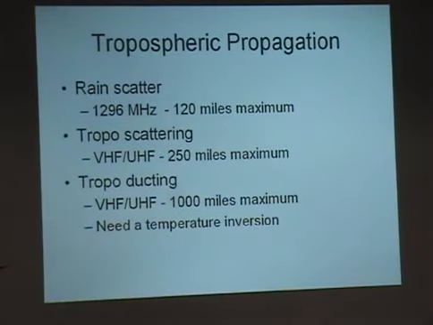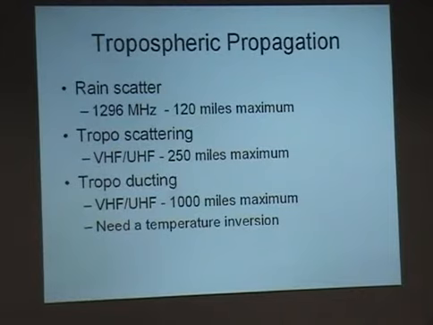Now, the difference between troposcatter and tropoducting is that you need that sharp layer to get ducting. If you don't get that sharp layer, normally this happens in the summer, humid days, you're going to have a nice change in the refractive index.